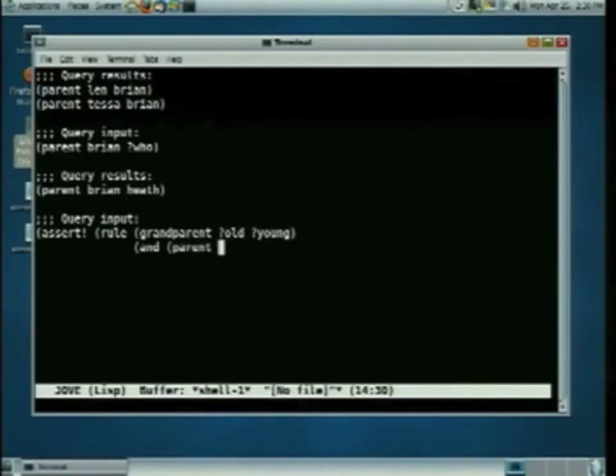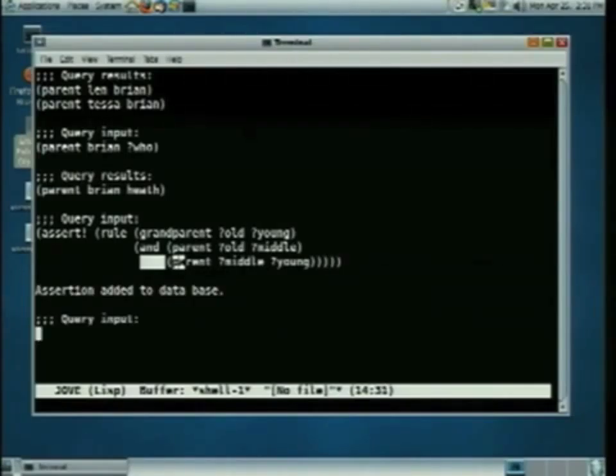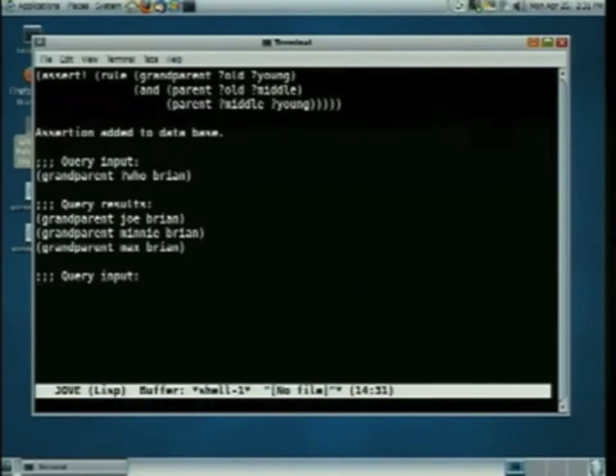We'll see. Okay. Let's see if it worked. Yay, it worked.